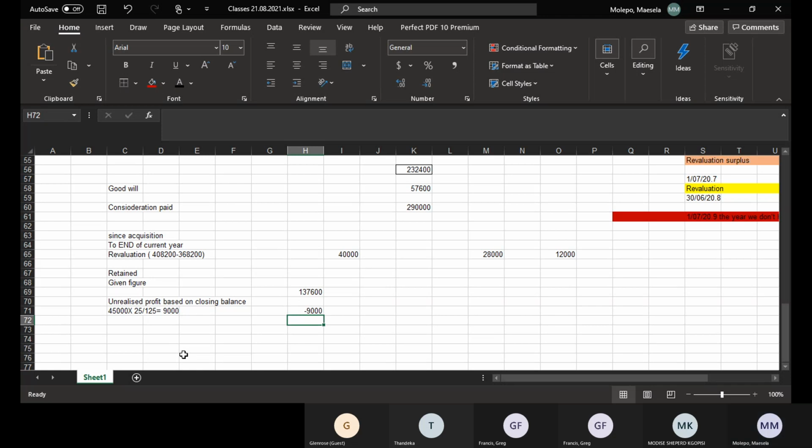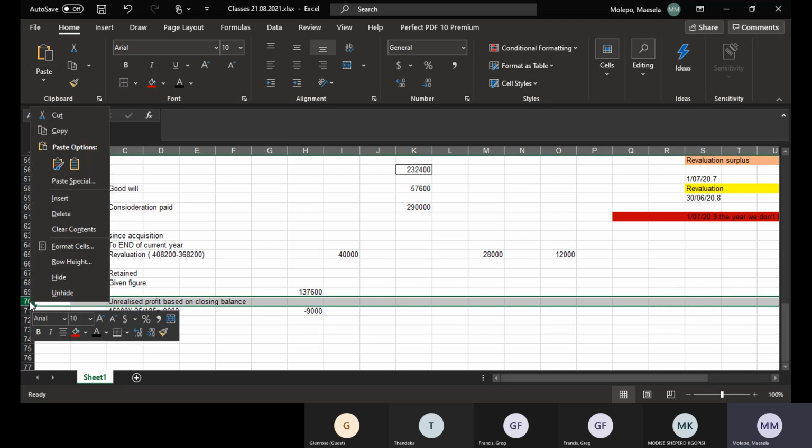Now we're going to go to the retained earnings at acquisition.